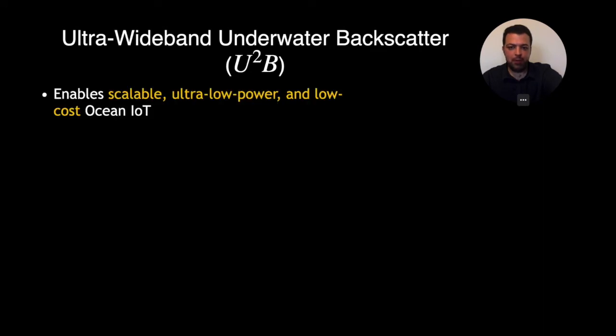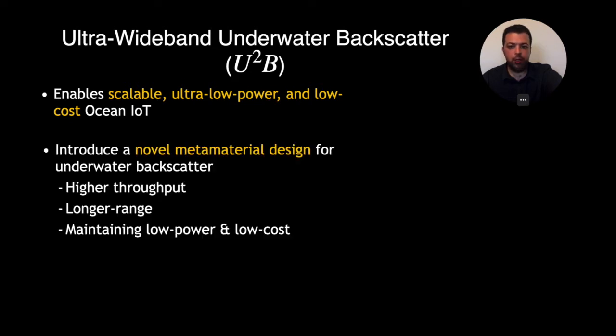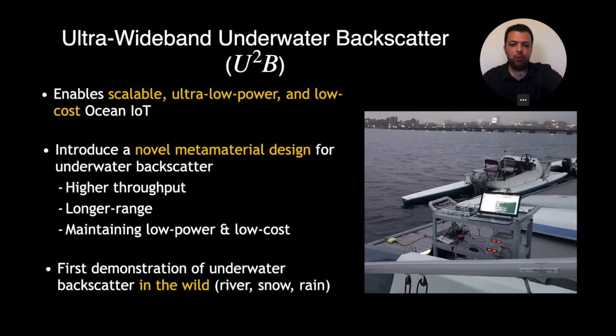U2B is the first technology that enables scalable ultra low power and low cost ocean IoT. Additionally, we introduced a novel metamaterial design for underwater backscatter that enabled us to communicate with a higher throughput over a longer range while maintaining the low power and low cost of the backscatter. This is also the first demonstration of underwater backscatter in the wild.